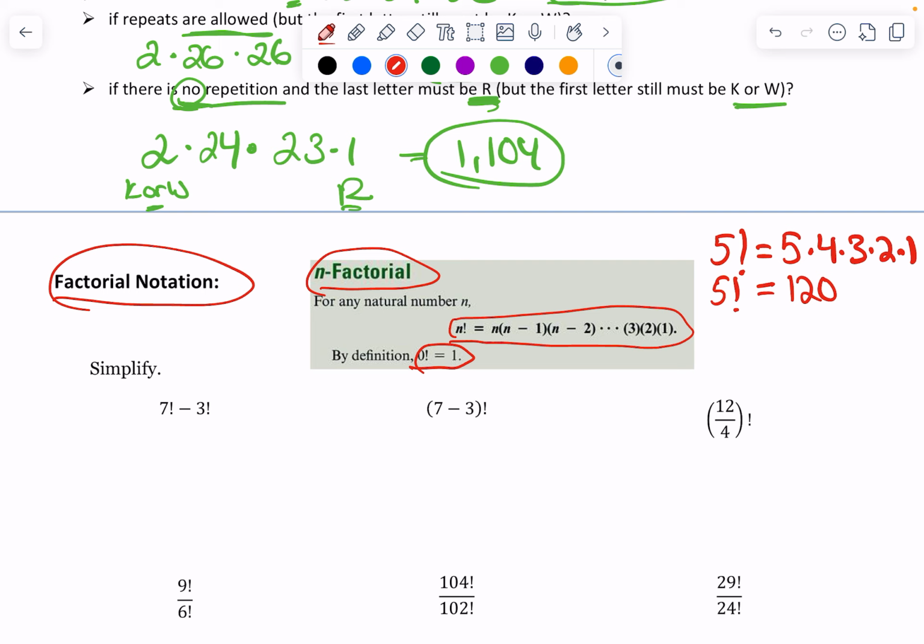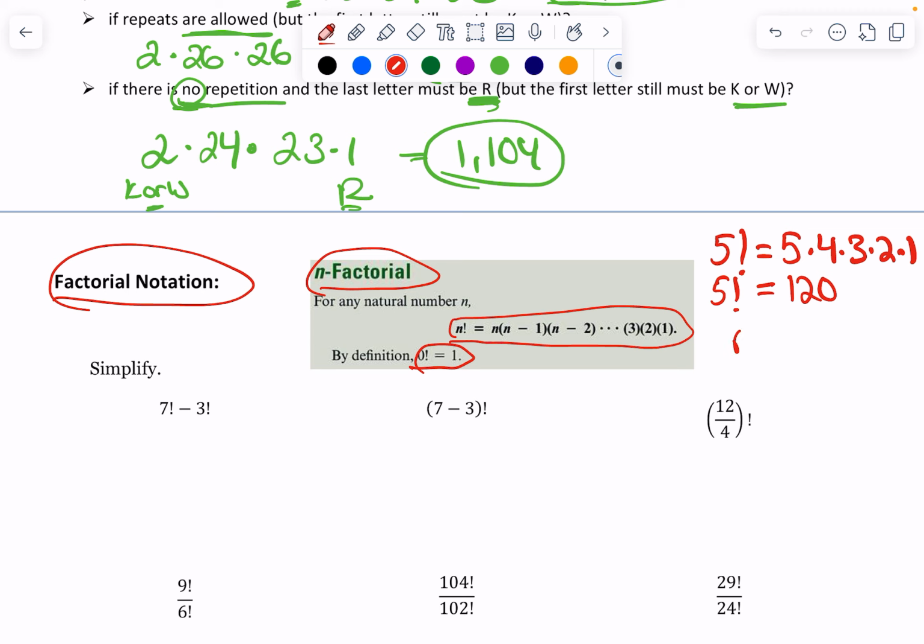On the calculator, there is a factorial notation. Let me grab my calculator so that I'm not saying it totally wrong. On the second row of the calculator, there is PRB.